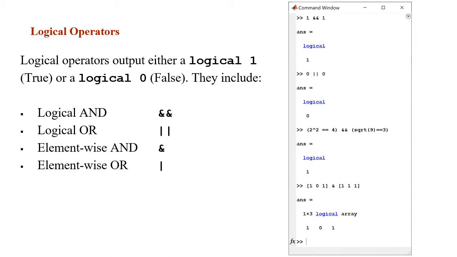If we put the element-wise AND in between, it means we want to perform this ANDing between each element in the two arrays. So we're going to do 1 and 1, and the output is 1, or logical 1. Next, we're comparing the mid elements in the two arrays. So 0 and 1 is actually 0, so MATLAB will output a 0 in the middle. Finally, we have 1 and 1 is true, so the last element in the output is also logical 1.